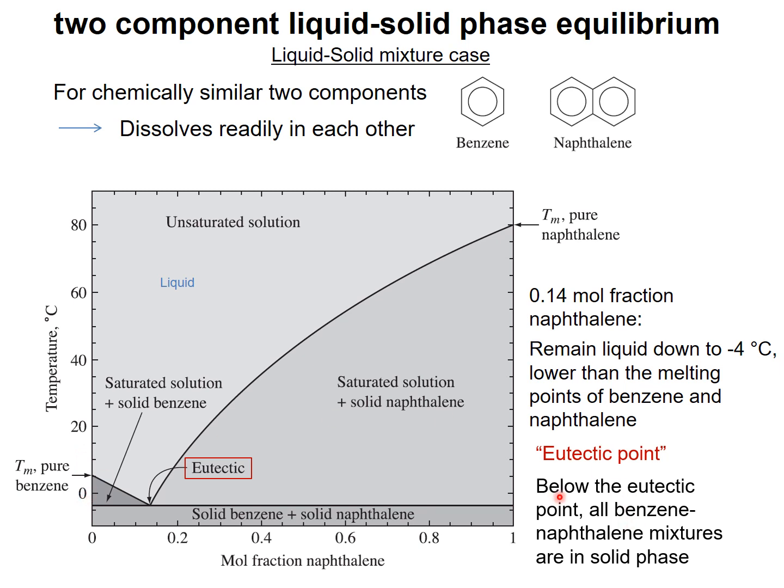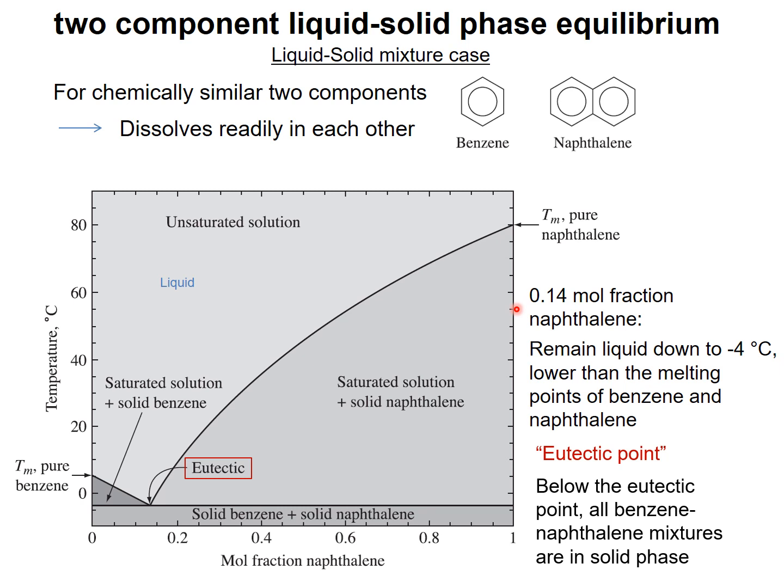In the same way, above the melting point of naphthalene, naphthalene is liquid. However, below the melting point of pure naphthalene, about 80 degrees Celsius, naphthalene goes to solid naphthalene, in the case of pure 100% naphthalene.